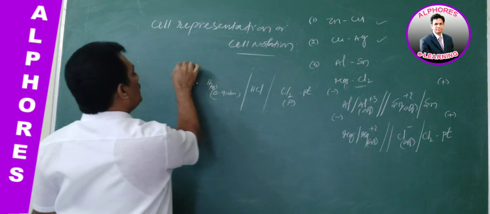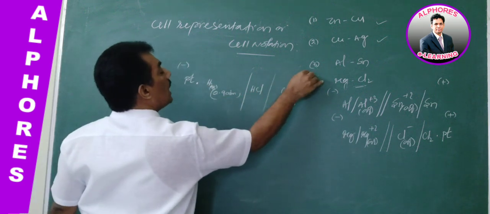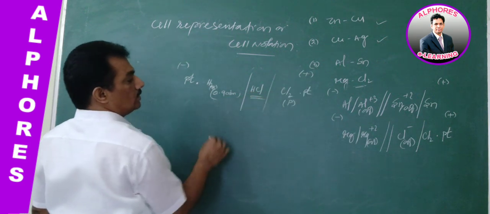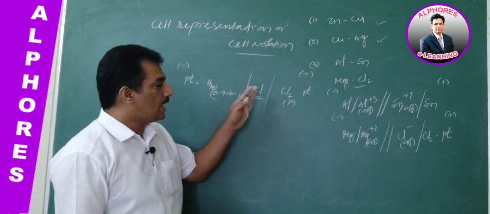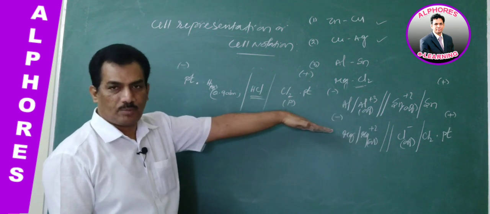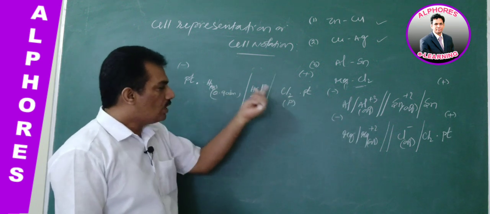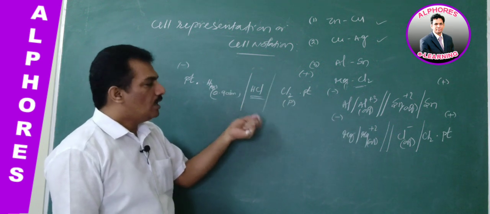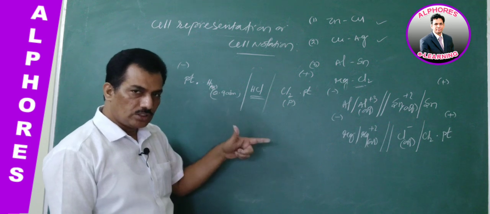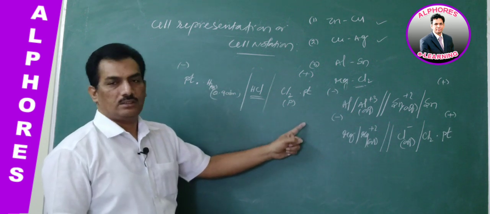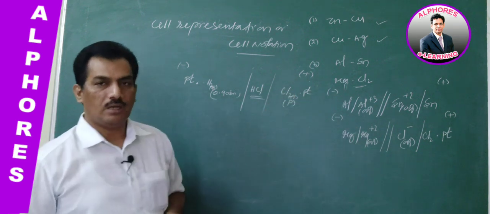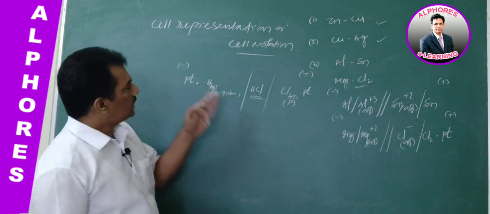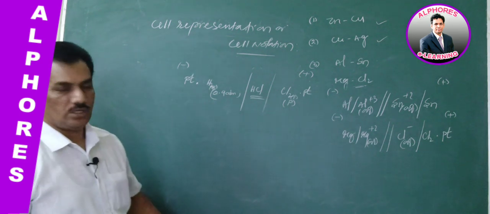Like that, when these have the common electrolyte, and if they are at a different concentration, again you have to go for such a representation. When both have the common electrolyte and the same concentration, then you can represent like this. It is in gaseous state and thereby pressure. Clear? And these are the cell representations, the cell notations.